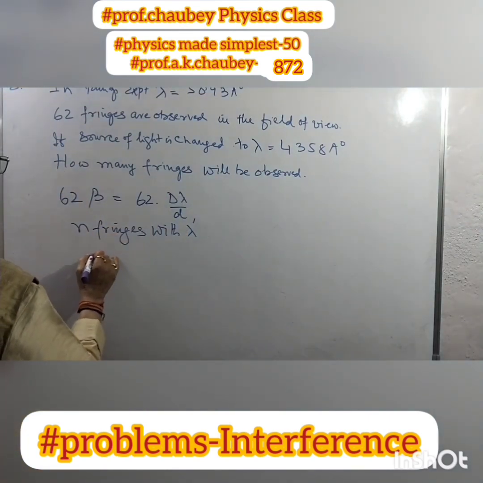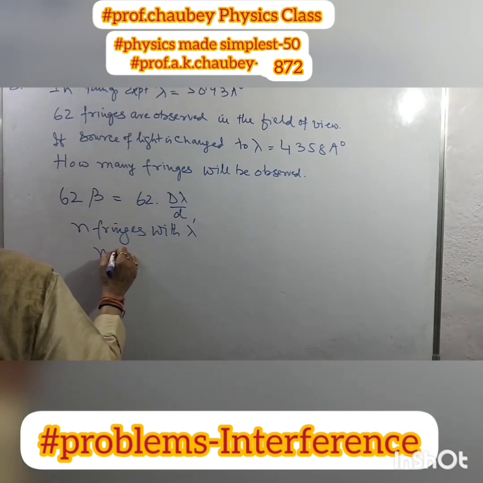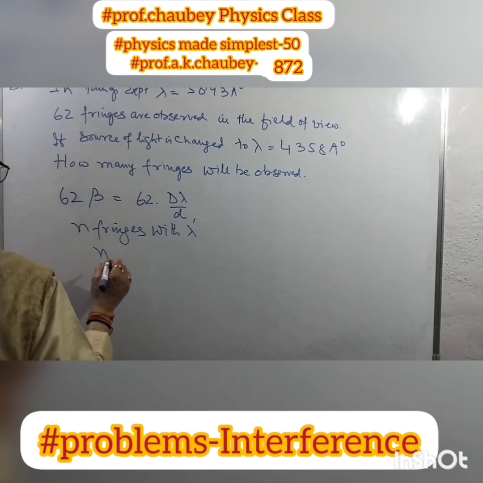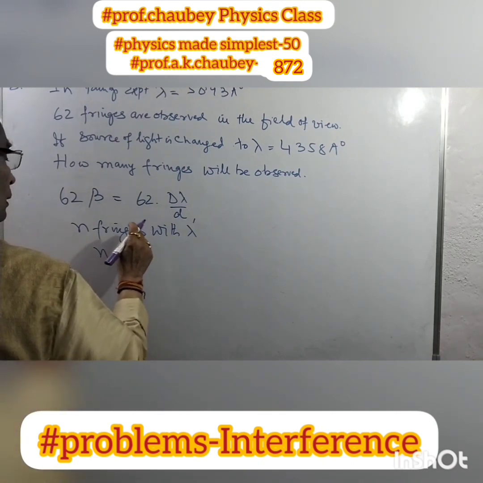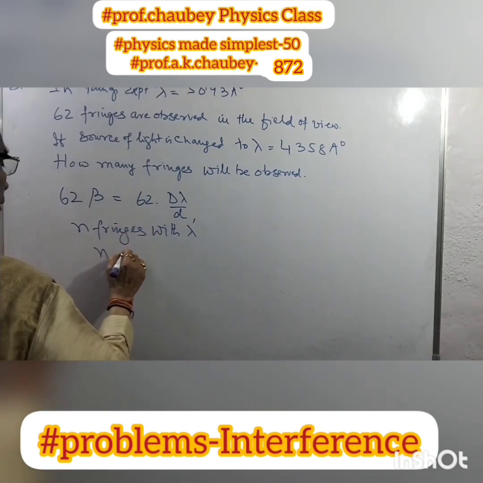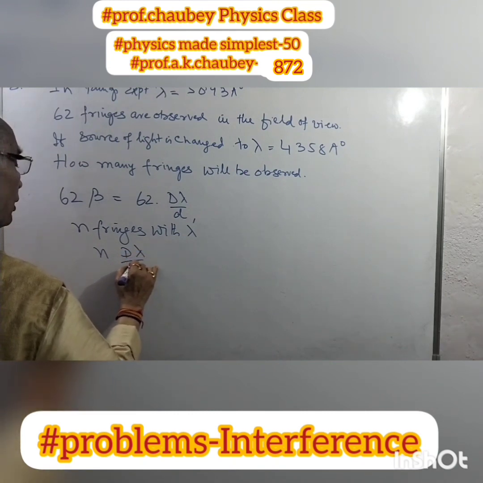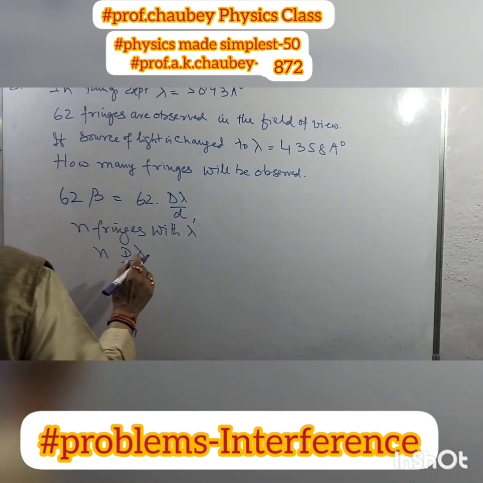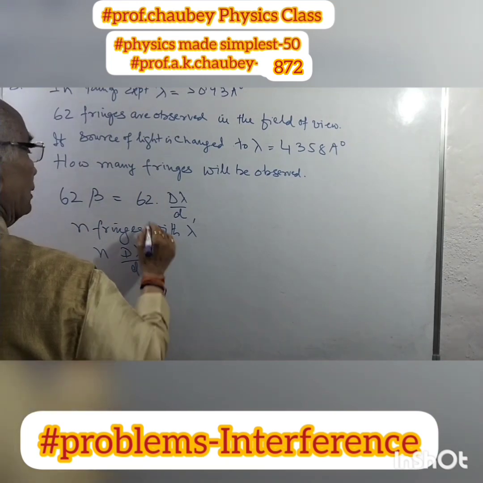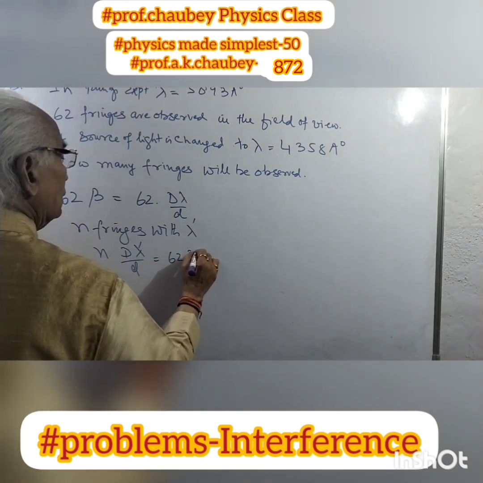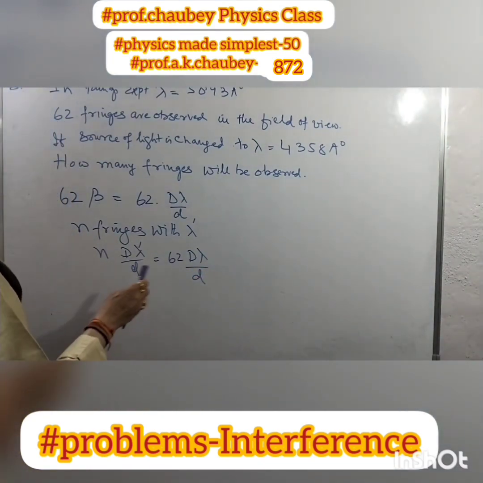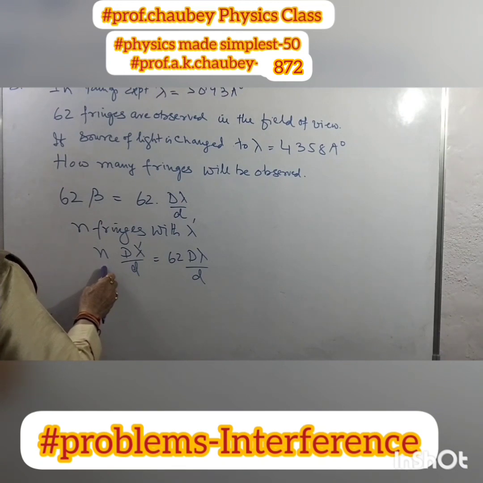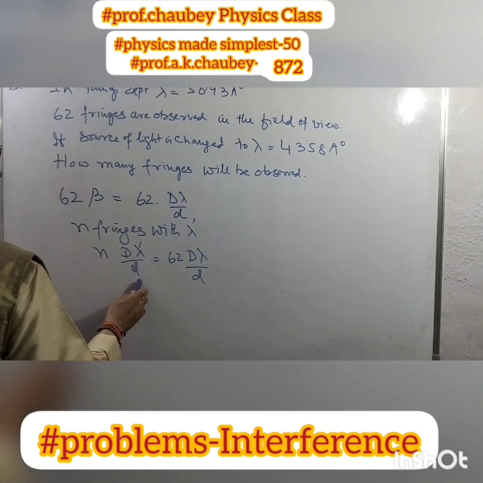So you have n into beta, that is n lambda prime D over d, the total distance of the screen, and this is 62 lambda D over d. Just because the screen remains the same. So n fringes are observed, then n lambda prime D over d.